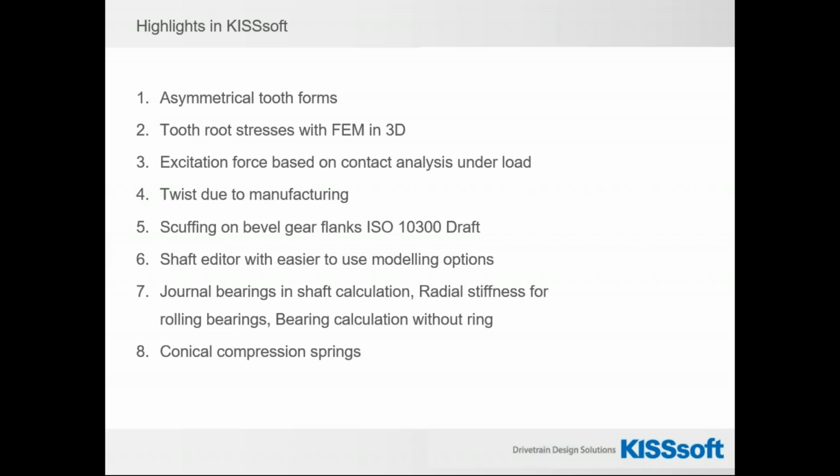Then we have the draft standard for the calculation of scuffing for bevel gears. We will also show you how much easier the shaft modeling becomes inside our shaft calculation module. And we will also show you at the end the new conical compression spring calculation.